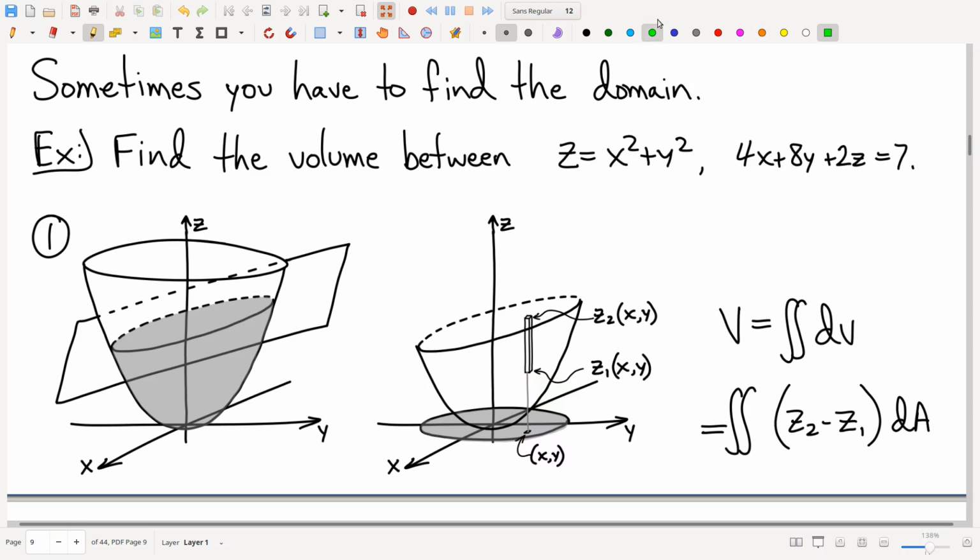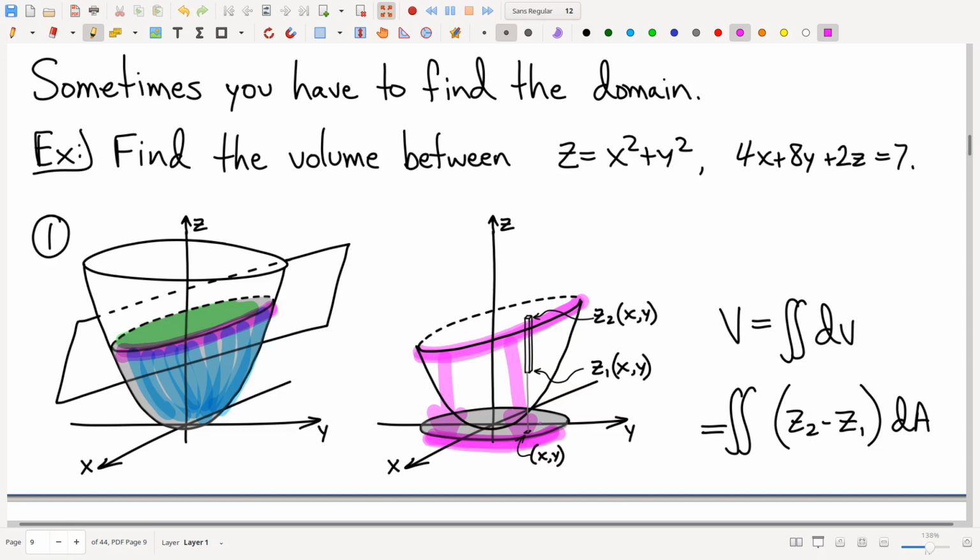Some students will say, look, I'm looking for where this surface intersects with that surface, because that intersection, if you look at its shadow, will give you sort of the boundary of your domain, and that part's all good. It is true that the boundary of my domain is going to come from where these two surfaces intersect.